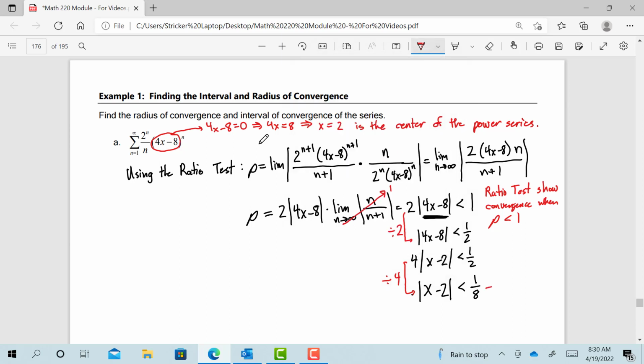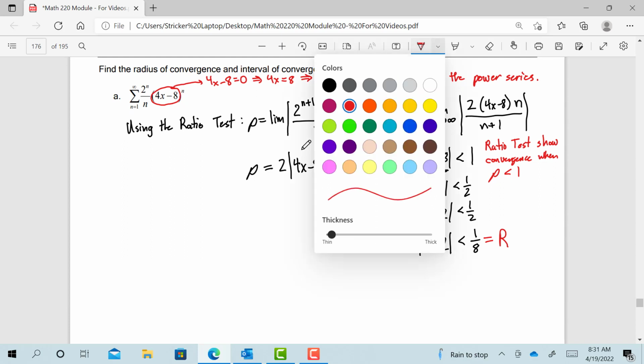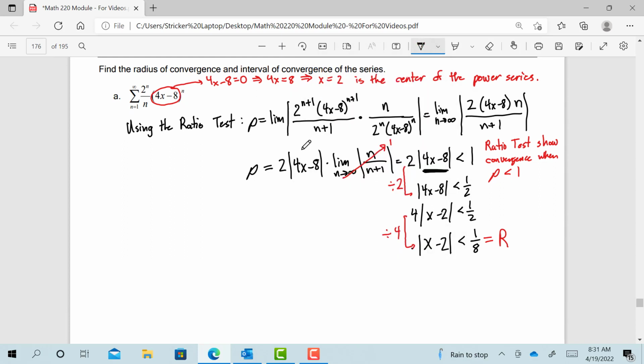So right here, this tells us what the radius of convergence is. The radius of convergence is 1/8. We're going to see why in a second, because if the center is at 2, then, okay, before we say that, let's rewrite this without the absolute value.